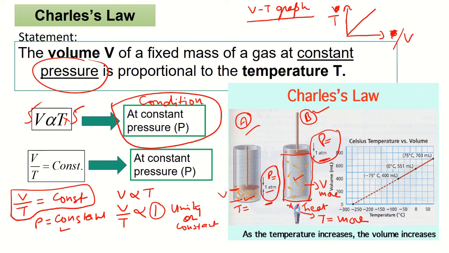If I take T and V, it is like this, and if I take V here and T here, the shape of the graph is always like this. The meaning is, if the temperature is more, the volume is more. So this is the VT graph, and this graph is true at constant pressure. The pressure of the gas should be constant.